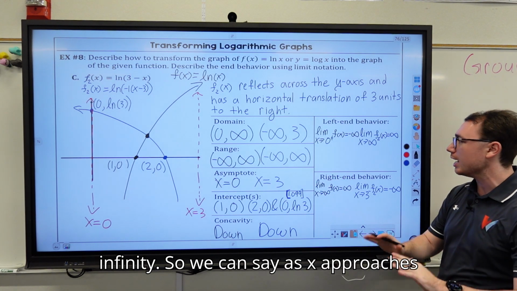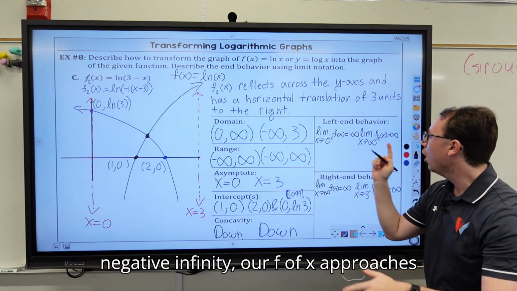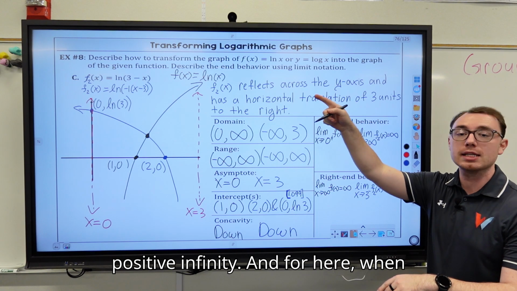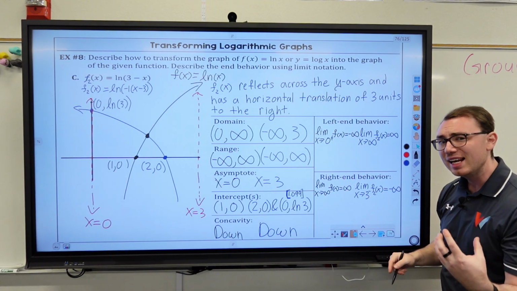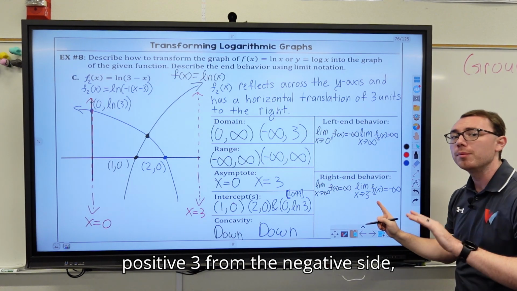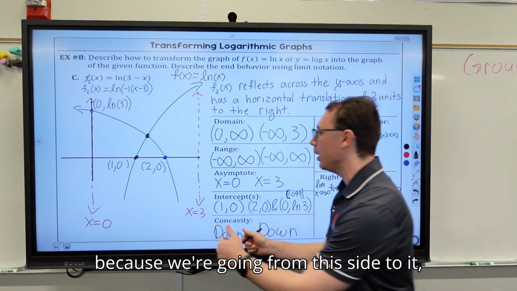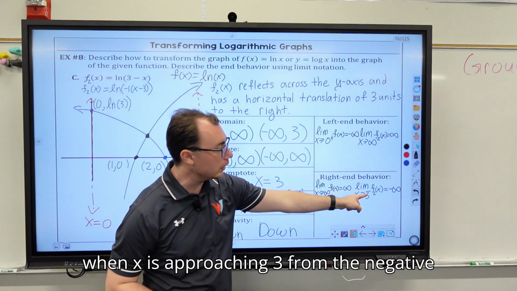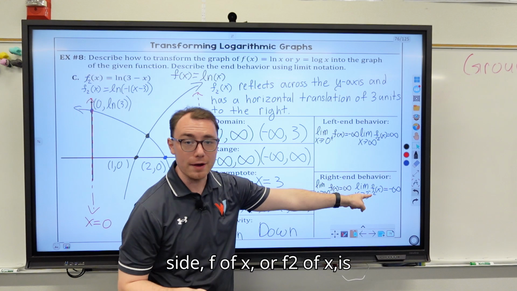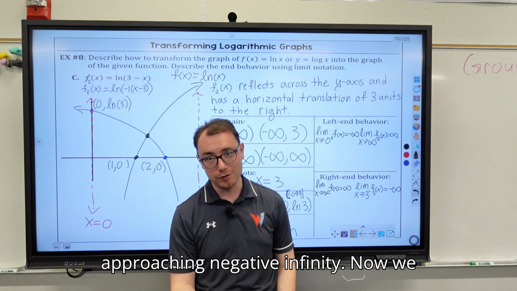So we can say as x approaches negative infinity, our f of x approaches positive infinity. And for here, when we're saying the limit of x approaching positive 3 from the negative side, because we're going from this side to it, when x is approaching 3 from the negative side, f2 of x is approaching negative infinity.